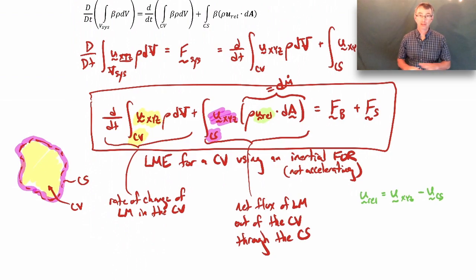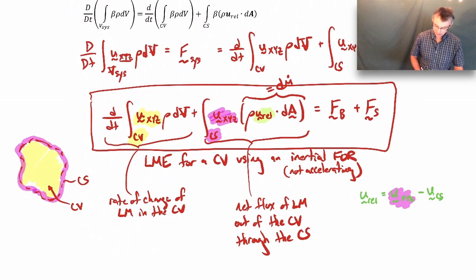If the control surface isn't moving, then it's just going to be the same velocity as the uxyz. It's just the same velocity of the fluid because the relative velocity is the fluid velocity minus the control surface velocity at the control surface. So if the control surface doesn't move, then it's just the fluid velocity. So I'm going to highlight that one in pink again, because that's the same velocity as the other one that's highlighted in pink.